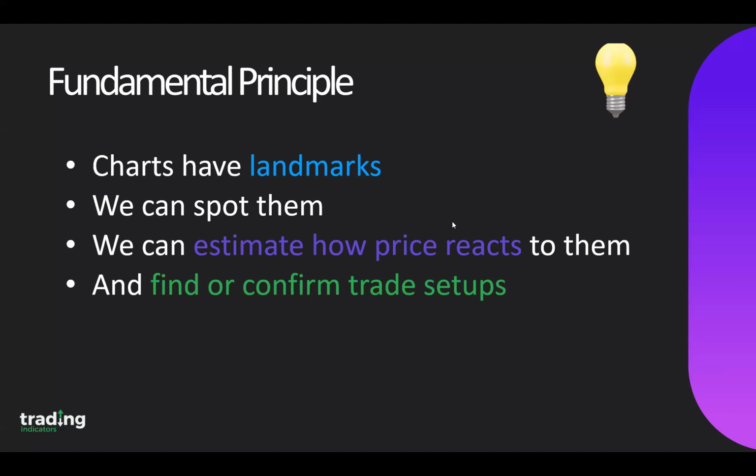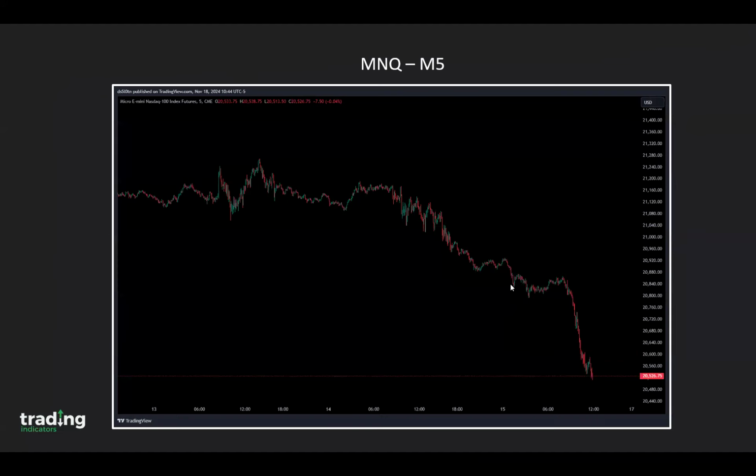Let's have a look at this chart here. This is a naked chart of the micro NASDAQ futures on the 5-minute time frame. Just by looking at this chart, you might be a bit perplexed. Okay, what do we actually see here? How could you have traded this, perhaps back here or back there or wherever you may be?